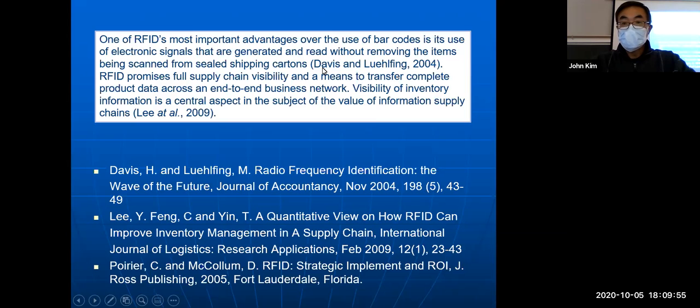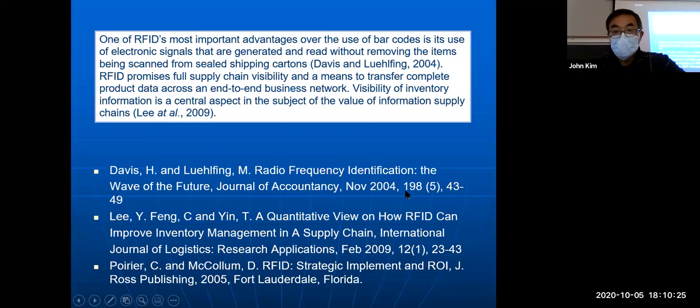So match Davis and Lufing, and indicate where that idea is from: the authors, the title of the journal paper, the journal title, then when, what page, what volume, edition, number, and so on, like this.